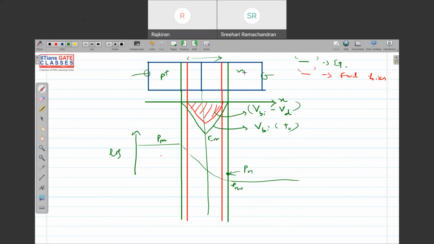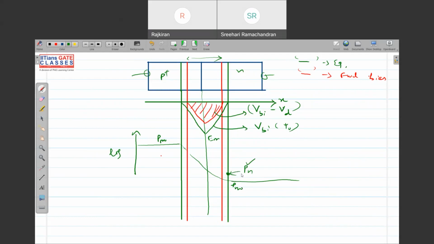Now, after the application of the external electric field, the field is imbalanced. The opposition electric field decreases. So there is injection of holes from P side to N side. So at the junction, the number of minority carriers, which was PN0, will be increased. So it is PN. PN is nothing but the hole concentration in non-equilibrium.